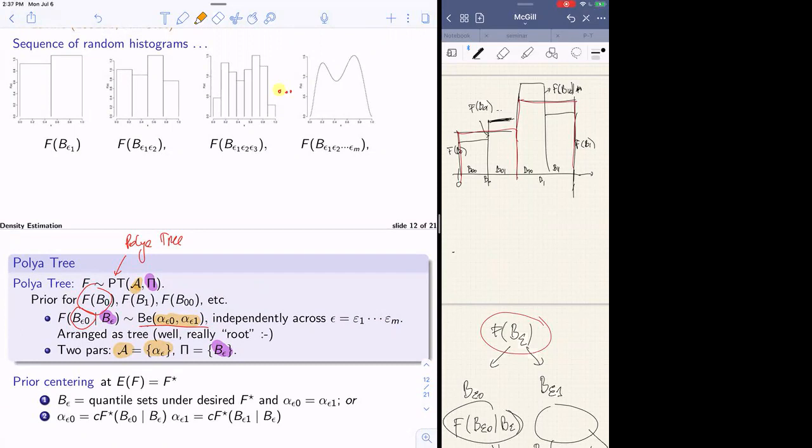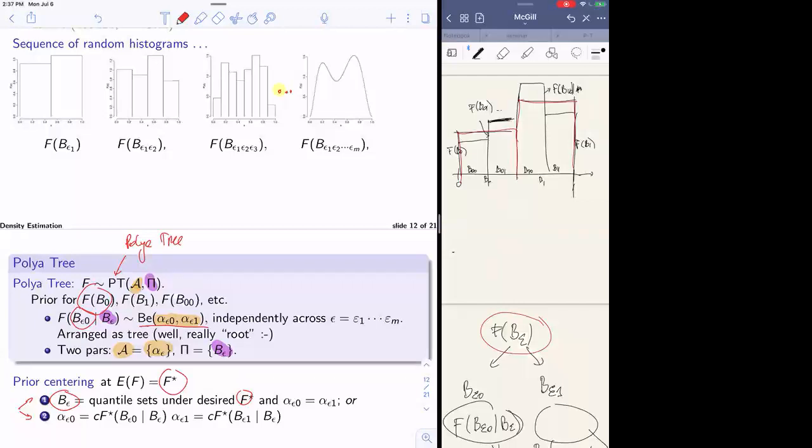We can center the Pólya tree model at some desired prior mean. So the F star here becomes my desired prior mean. In particular, you have two alternative choices. You don't have to do both at the same time, one or the other. If the partitioning subsets are the dyadic quantiles under the desired base measure, I mean, for B null and B1, we would just split at the median.